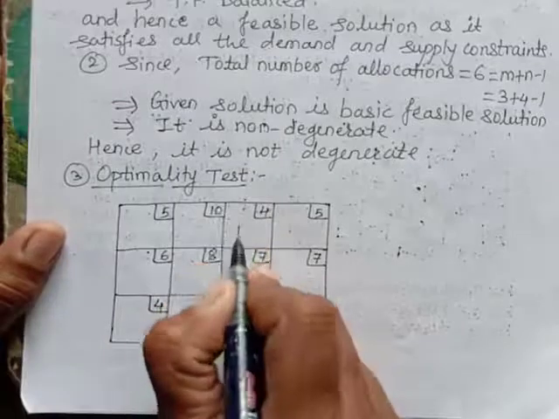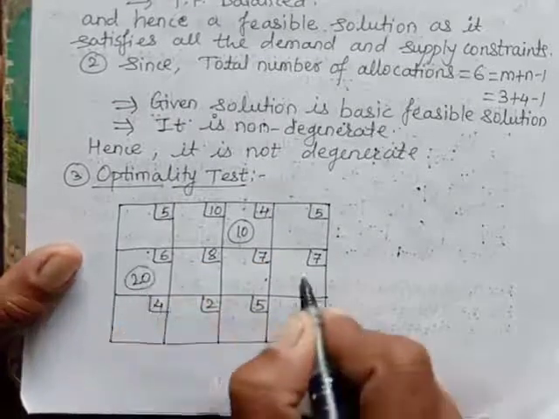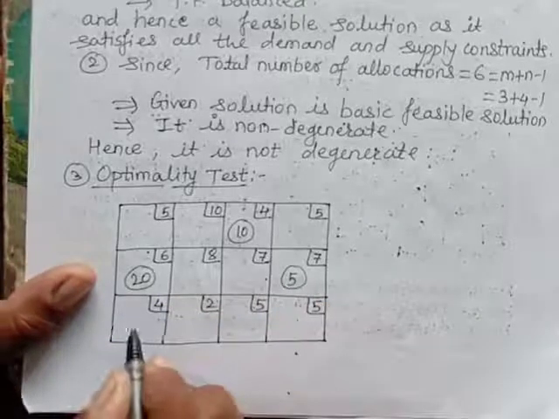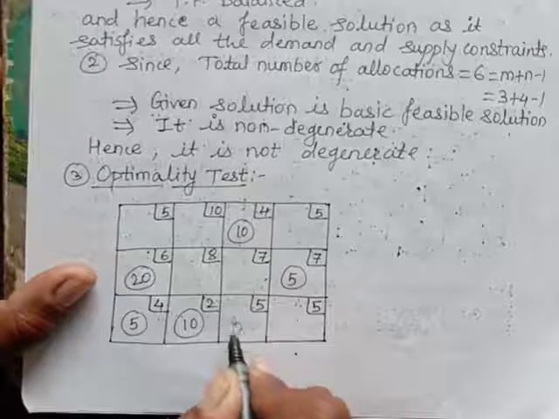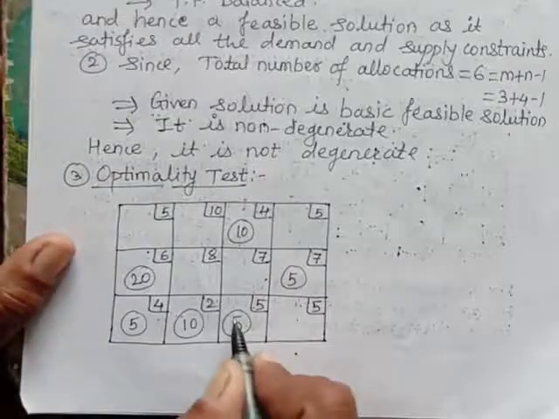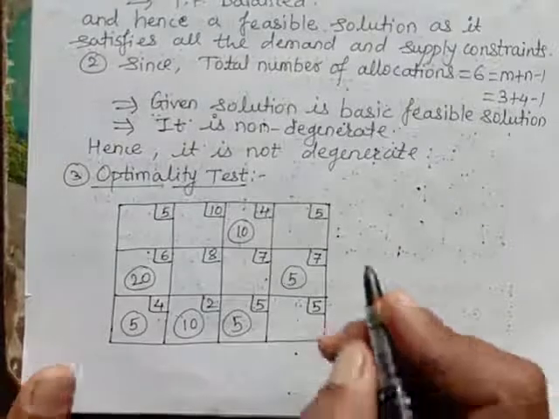So here 10, here 20, 5, 5, 10, 5. Okay, now let's determine UV.